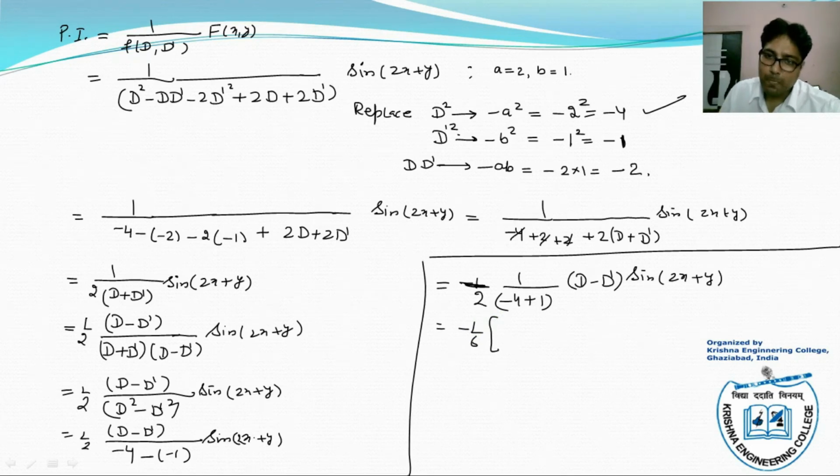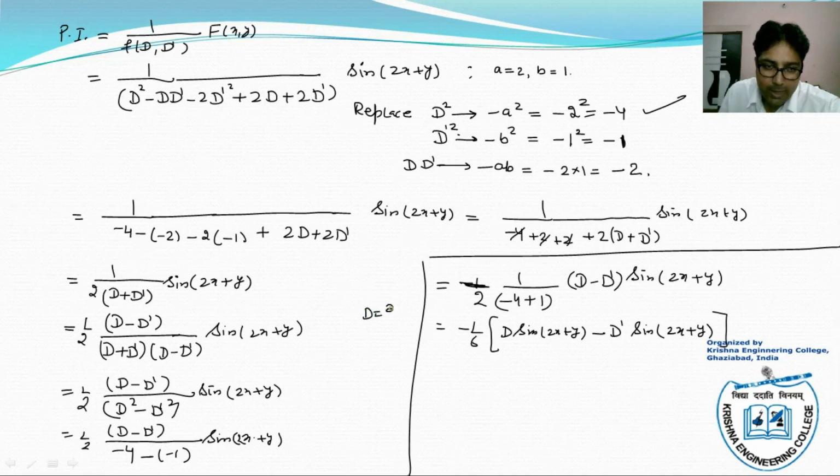Multiplying term by term, both operators: sin of 2x plus y minus D' of sin of 2x plus y. D means partial differentiation with respect to x. D' means partial differentiation with respect to y. So we use this and get 1 upon 2.